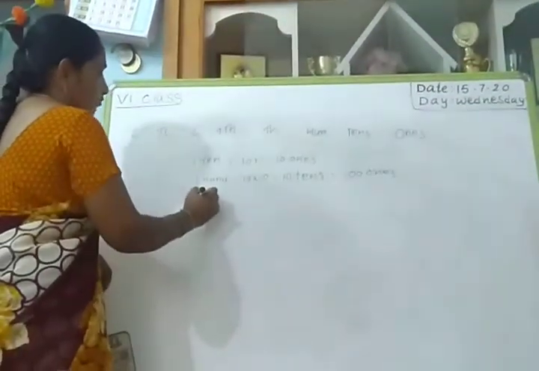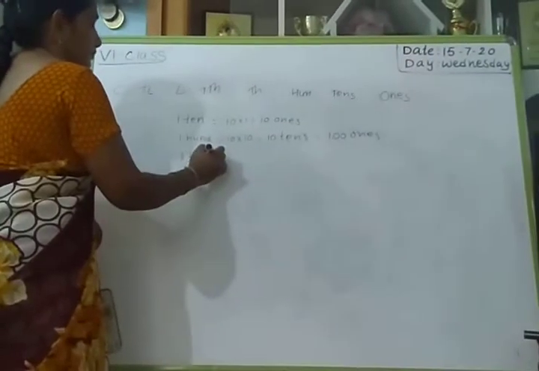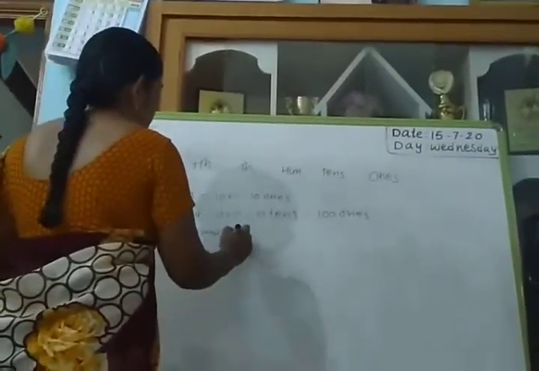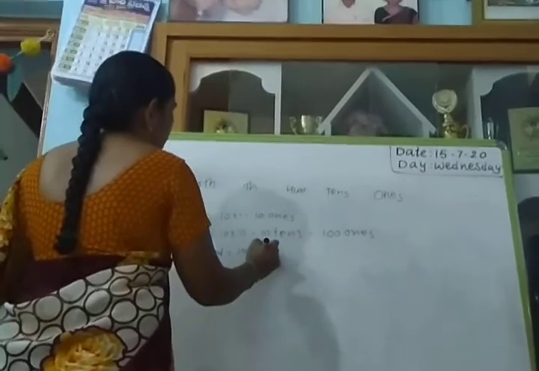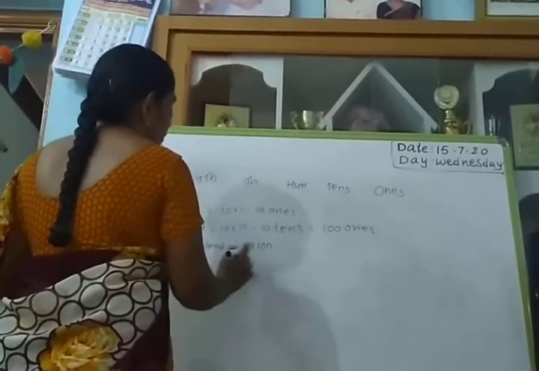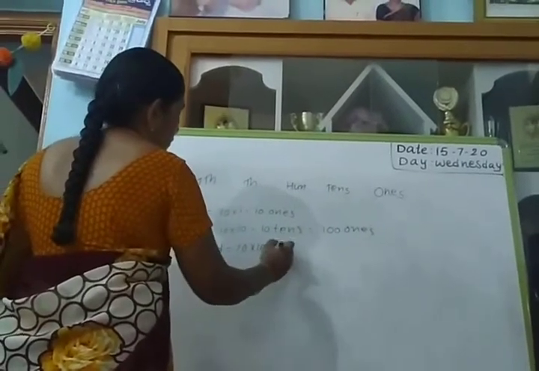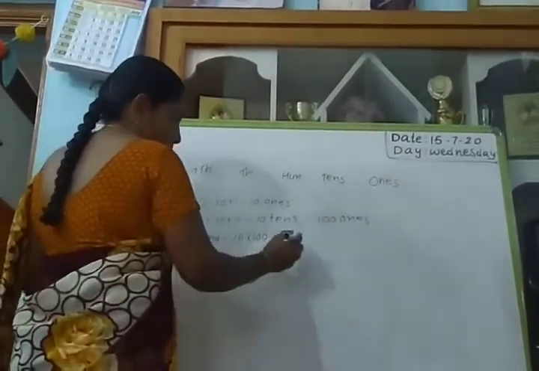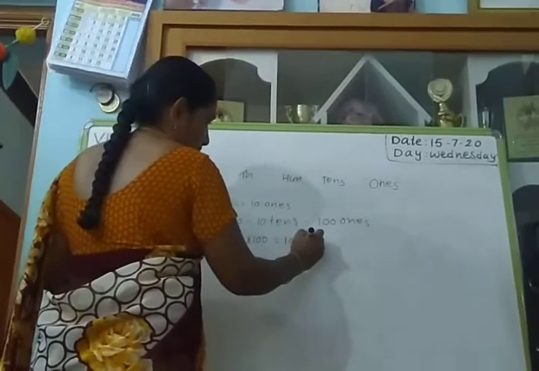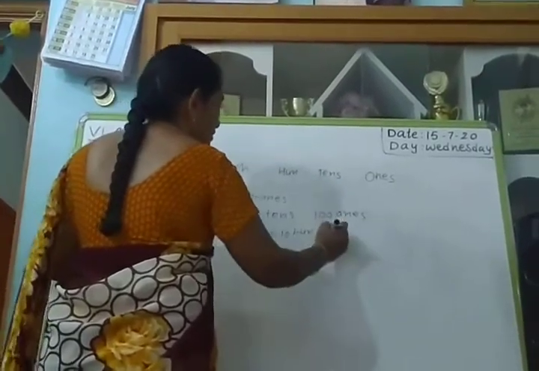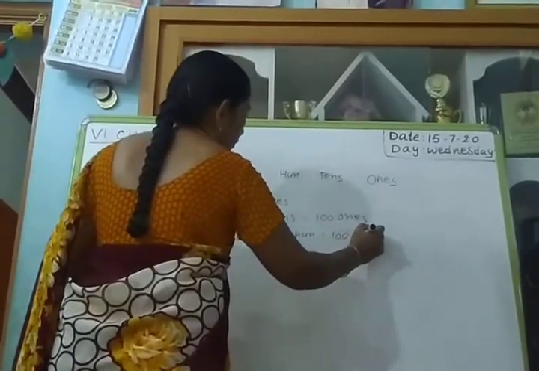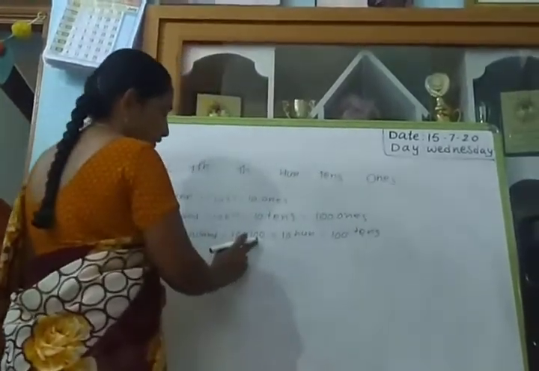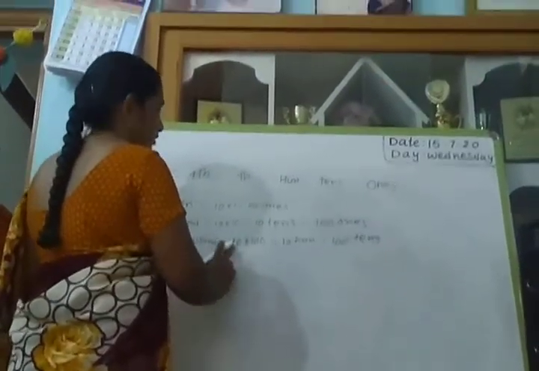Like this, in 1000, how many hundreds are there? 1000 we write as 10 into 100, no? So there are 10 hundreds. How many tens? 100 tens. 10 into 100 is 1000, no?